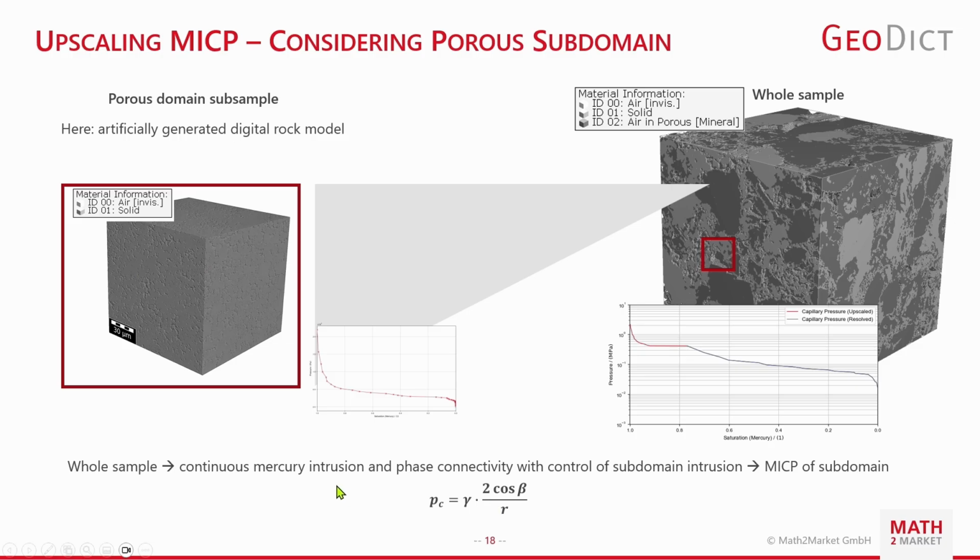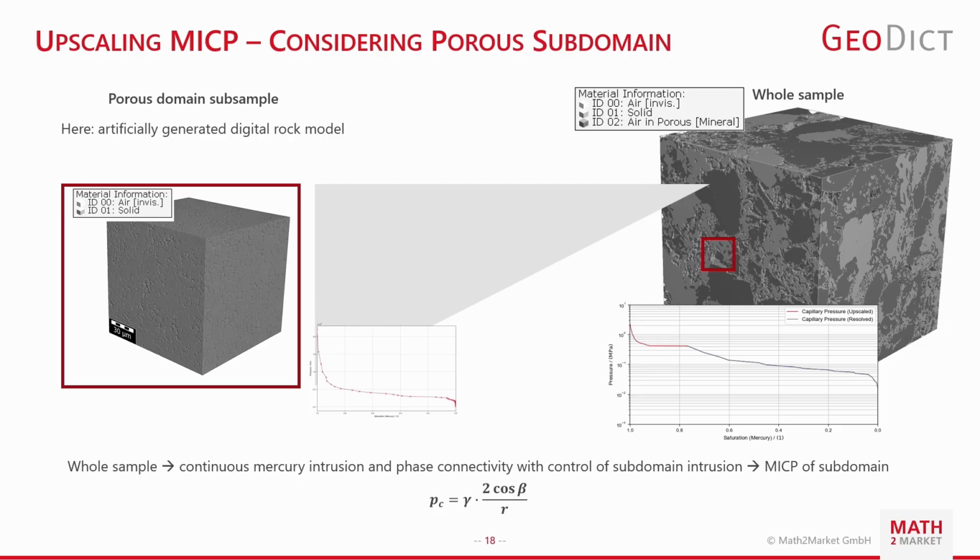This solver now has expansion for considering both continuous mercury intrusion in the whole sample, but also controlling at which point the intrusion of mercury into the subdomain, into this microporous domain, occurs. And then in the end, we have the whole range of MICP, and what is more important later, also the capillary pressure curves and rel perm curves for other systems as well.